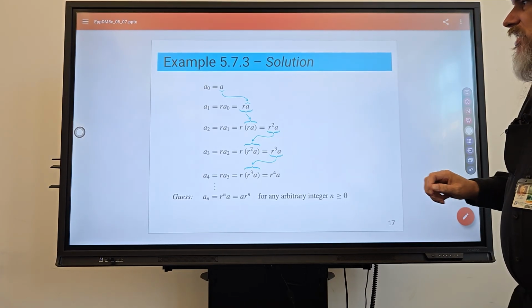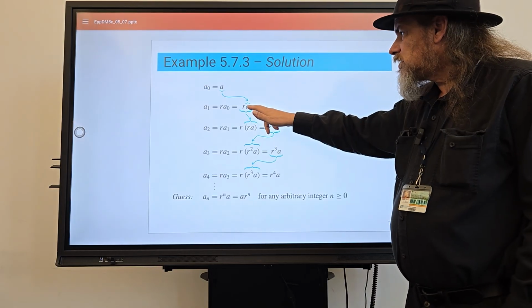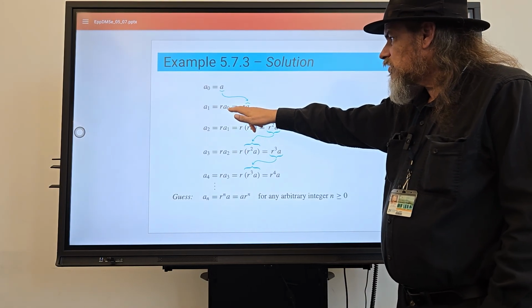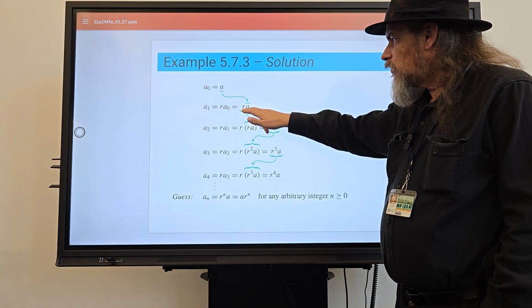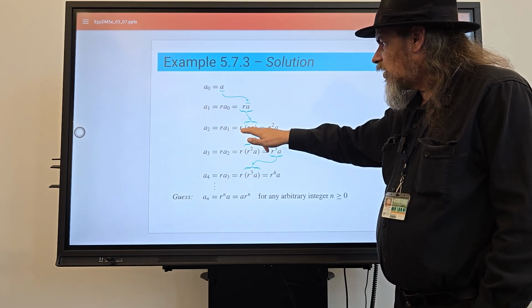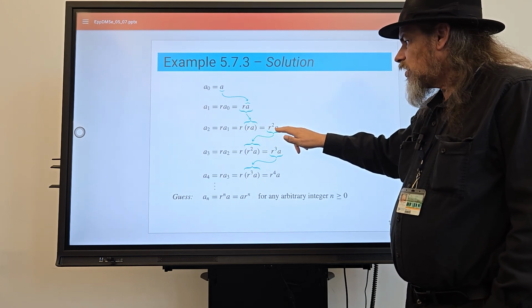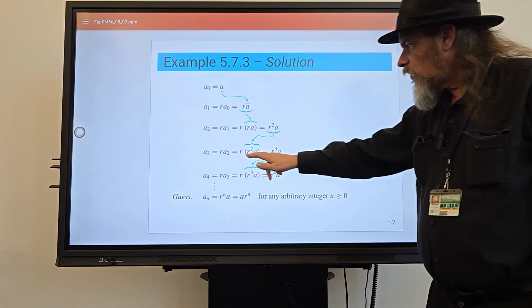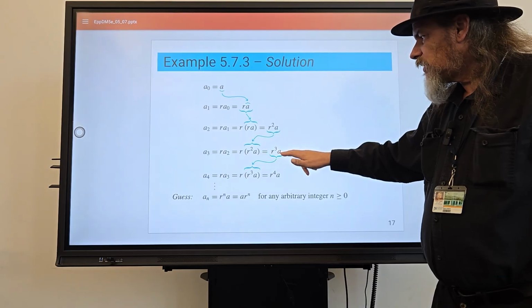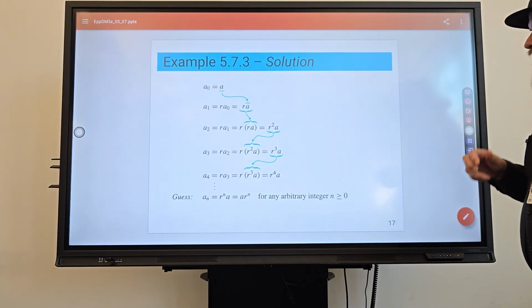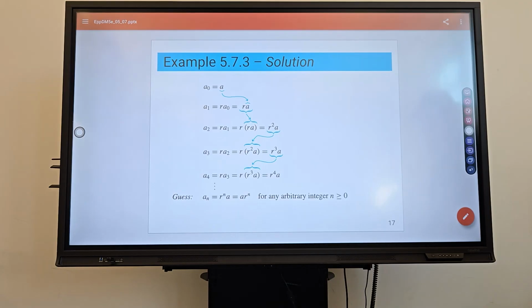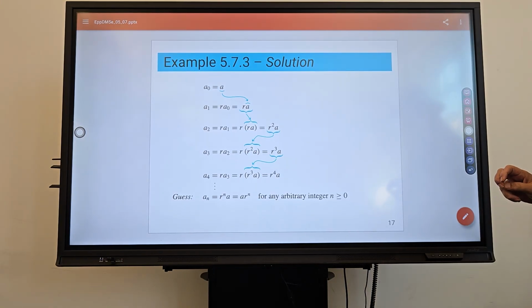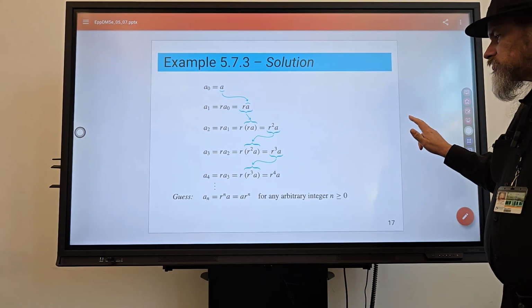Now, a sub 1 would be r times a, a sub 2 would be r times r times a, or r squared a, and so on, r cubed times a. So you could guess that a sub n would be r to the n times a, or a times r to the n, for any arbitrary integer n greater than or equal to 0.